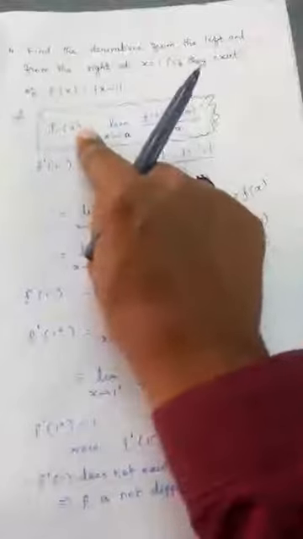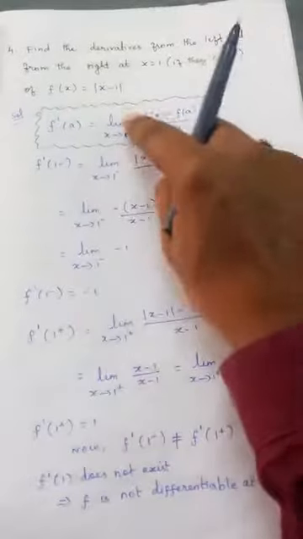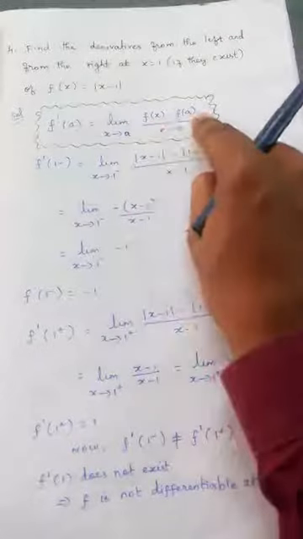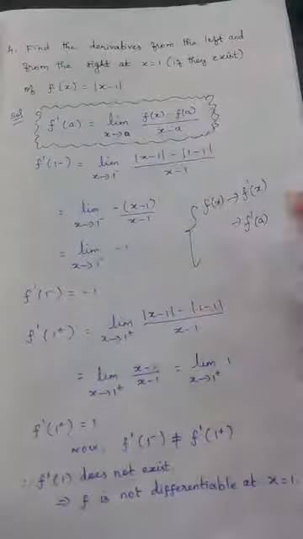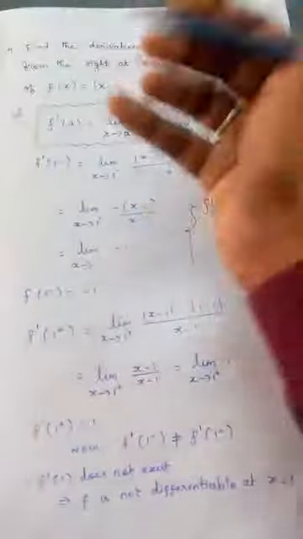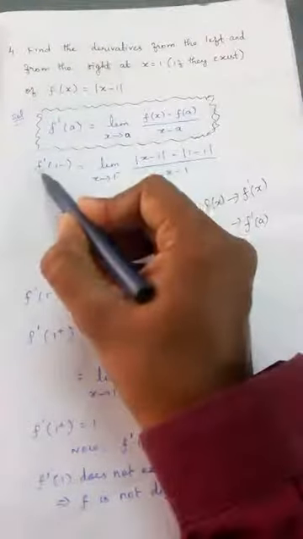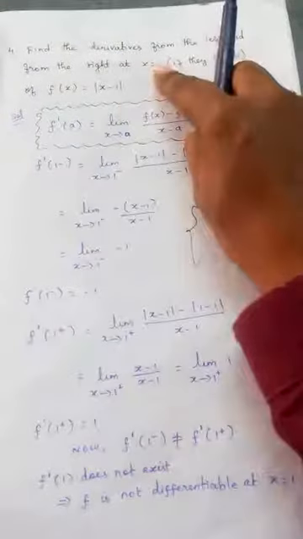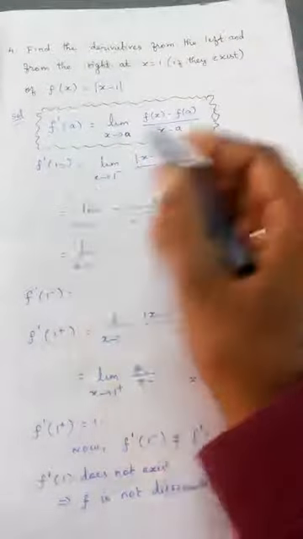So f dash of a can be written as limit x goes to a, f of x minus f of a by x minus a. So first learn this formula, then we can do the problem. Here I have written f dash of 1 minus, since a value is 1 because the point is given to us. 1 minus means we are trying to calculate the left hand limit.